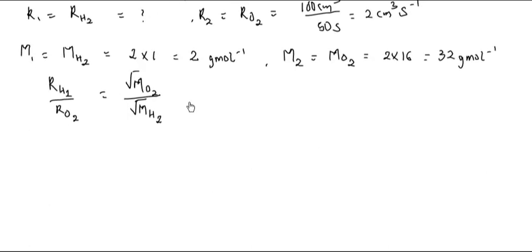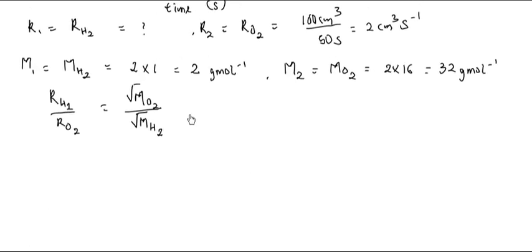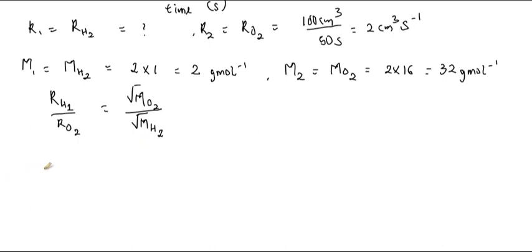So now let's proceed to substitute the values we've gotten. Here, RH2 remains unknown, divided by RO2, which is 2 cm³ per second. We can neglect the unit to make the calculation faster and avoid any confusion while calculating. So we have RH2 over 2 equal to the square root of the molecular mass of oxygen gas, which is 32, divided by the square root of the molecular mass of hydrogen gas, which is 2.